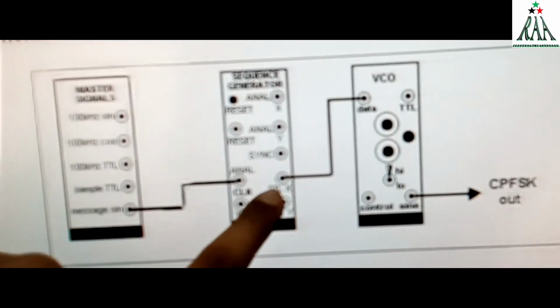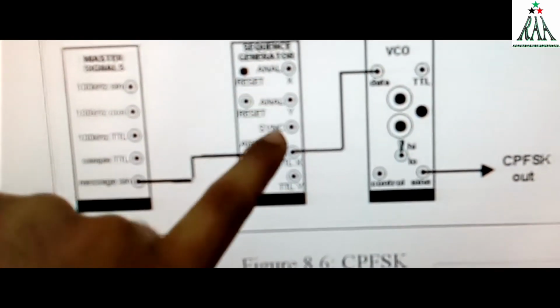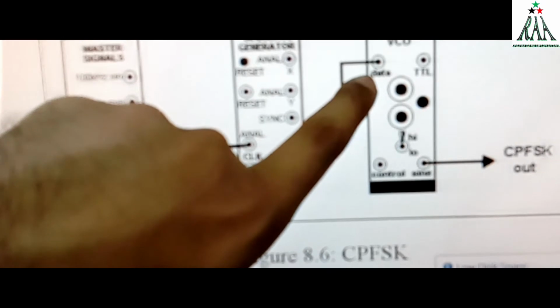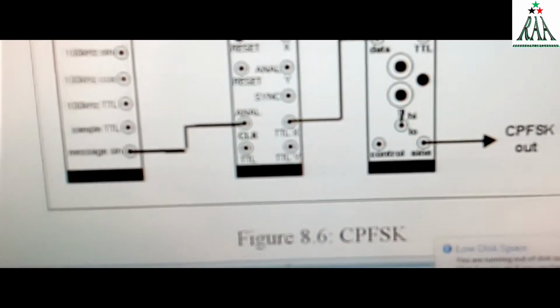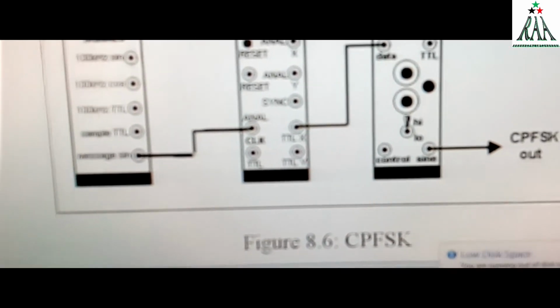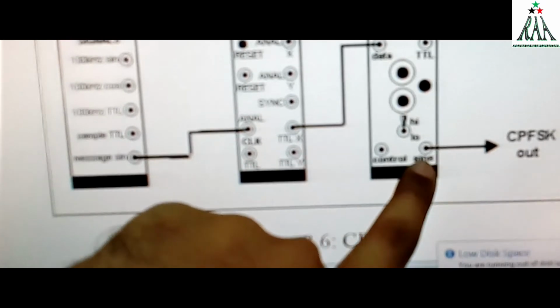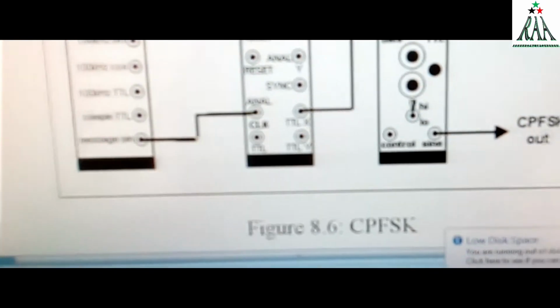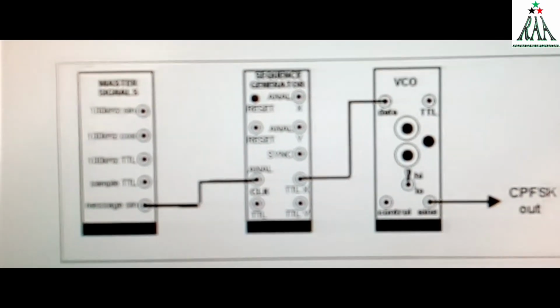The TTL output of the sequence generator will be input into the data port of the VCO, and we will see its output from this port on channel, and its output will be shown on the oscilloscope.